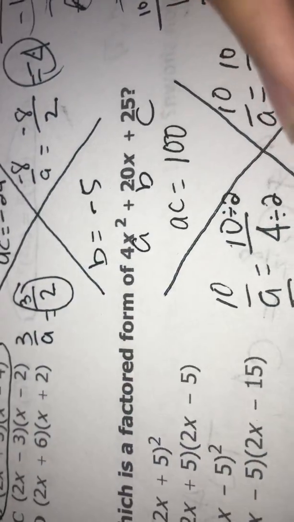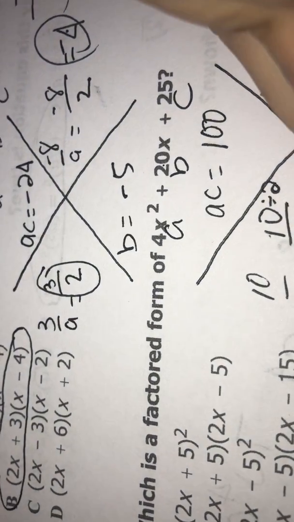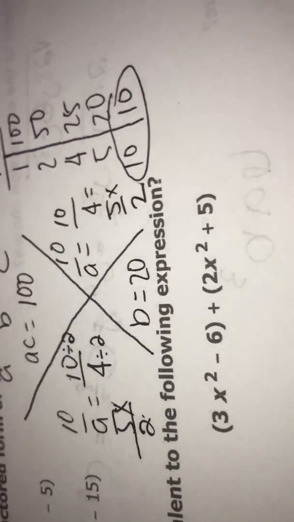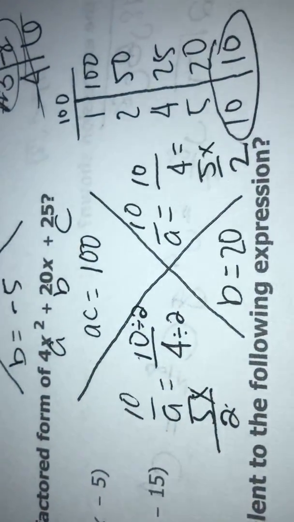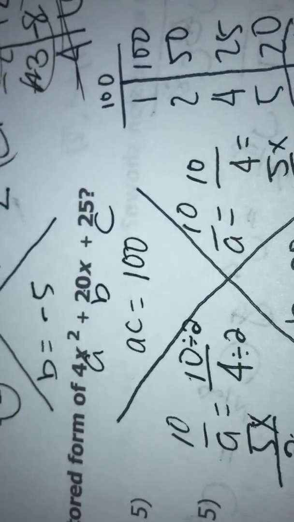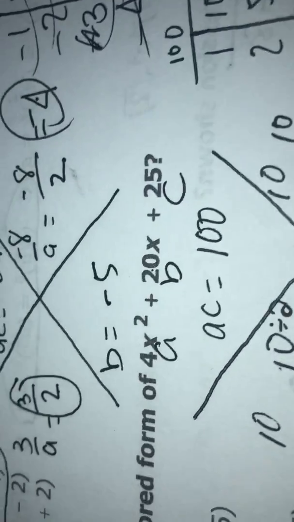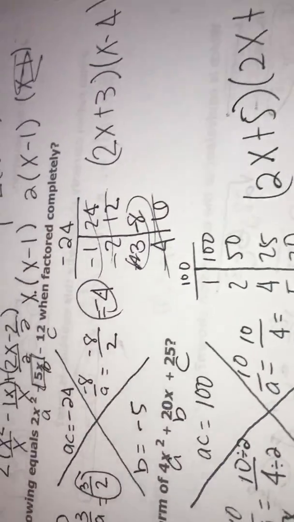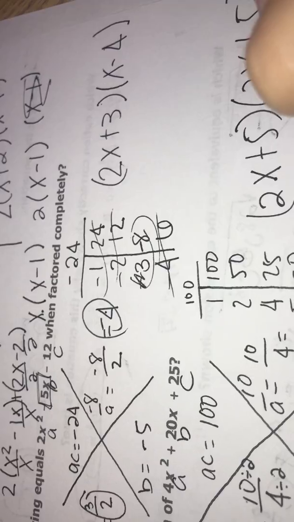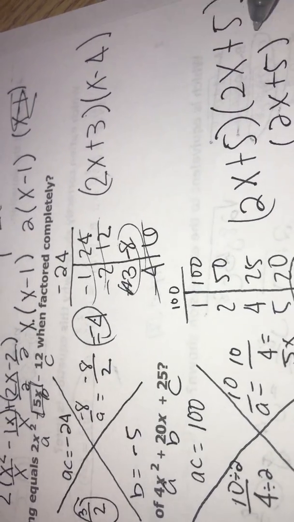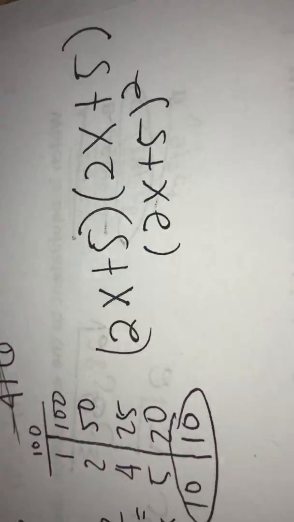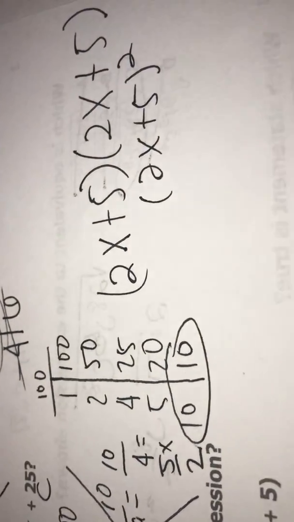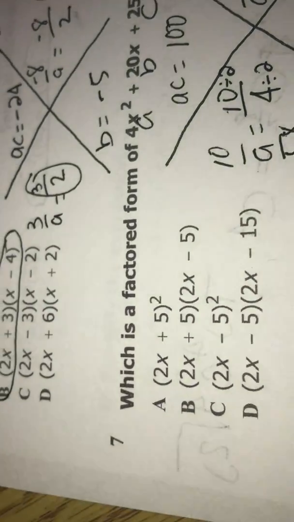And so remember the x, and since it's flipped, the 2 goes in the front, so 2x plus 5, 2x plus 5, and since it's there twice, you can write 2x plus 5 squared, because it's the same equation twice. It's just a simpler way to write it, and so that gives us A is our answer.